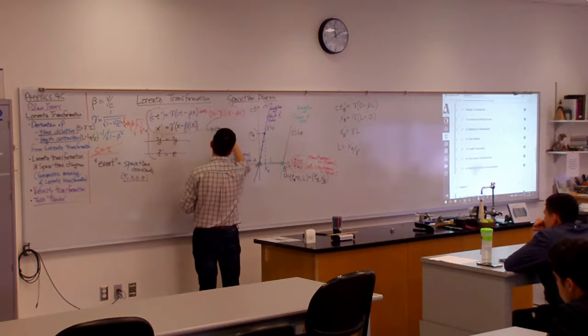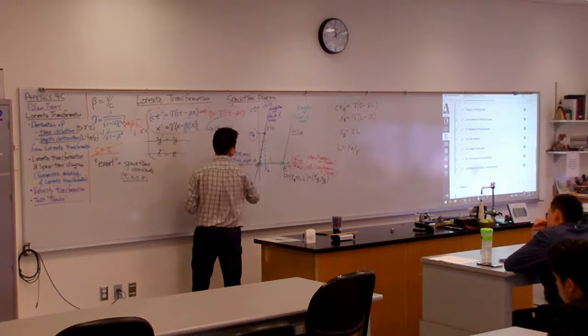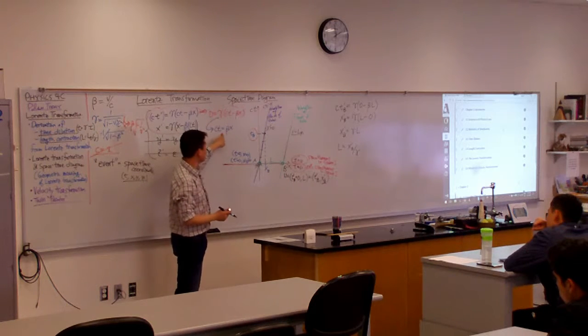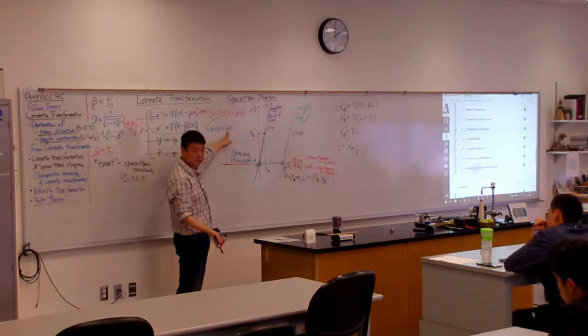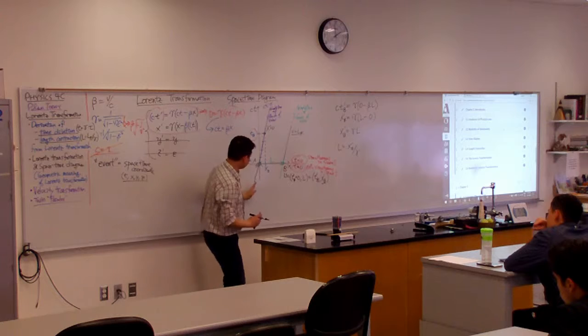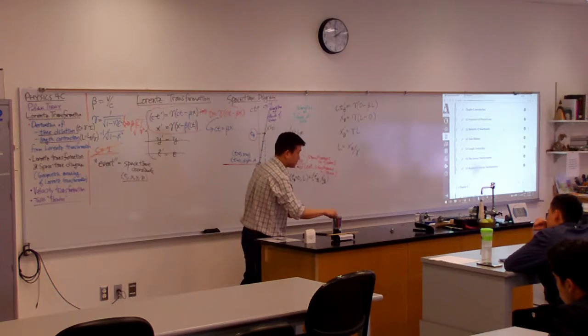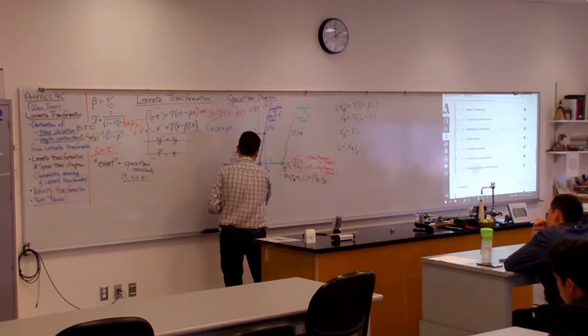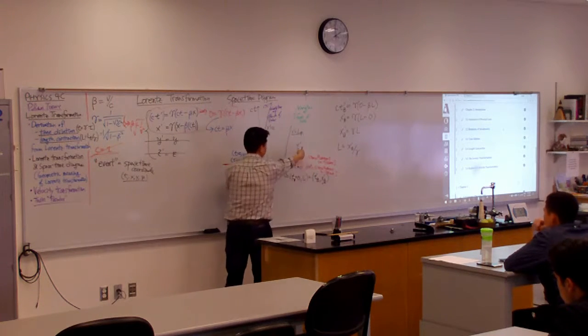So I get ct is equal to beta x. This is y equals some slope times x. So you get a line that has a constant slope, same as the velocity. So this was the ct prime axis. The x prime axis, the set of points along which ct prime will be 0, is something that looks like this.